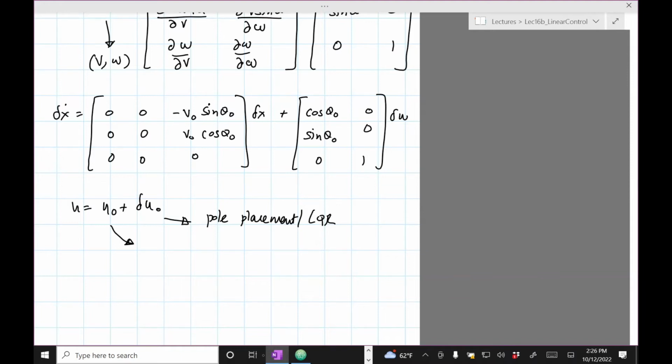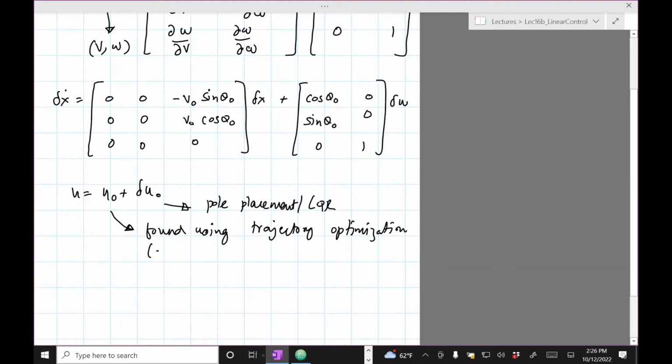So u0 will come from trajectory optimization, and this is usually open loop, which means a function of either time or something else, but not of state. And this other part is what closes the loop, which uses feedback.